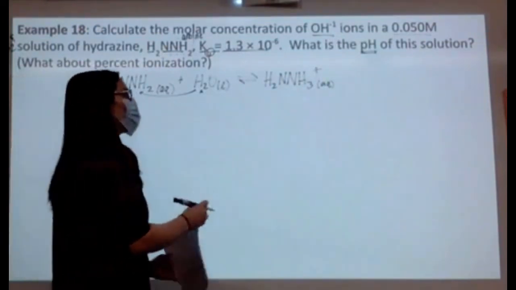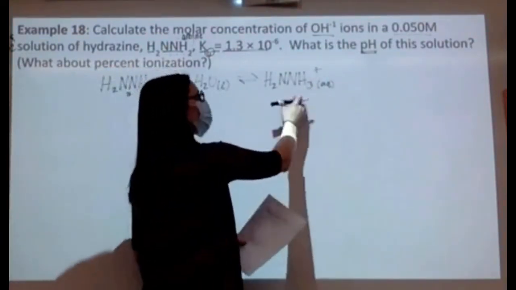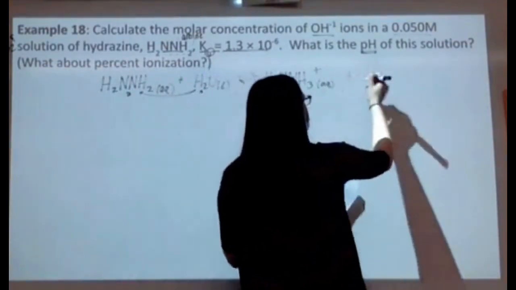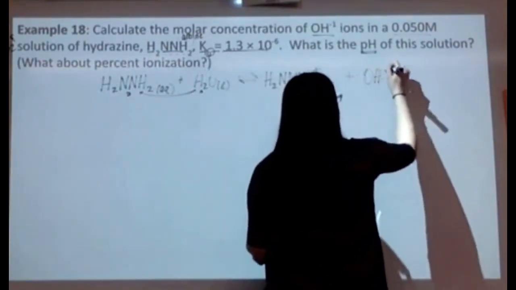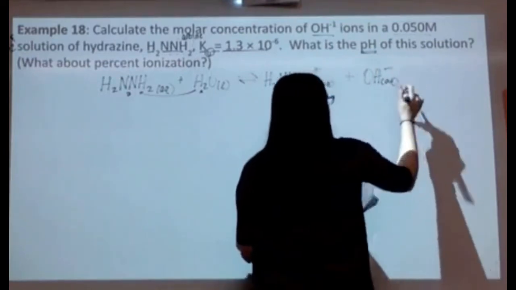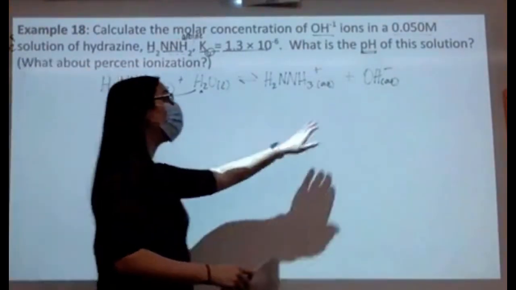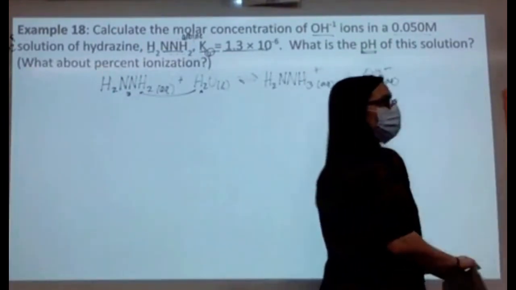The positive charge is located where there's 3 H's, so that's why we write it like we do for bases. And then once water loses the proton, it becomes OH minus. So notice why hydrazine is a weak base. Because when it's with water, it produces OH minus in solution.